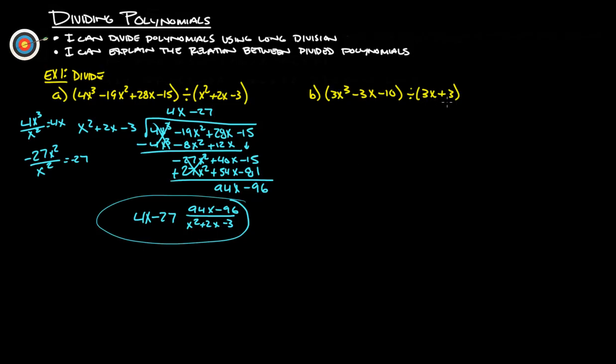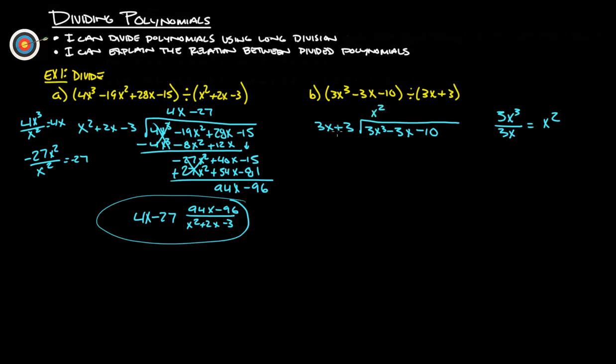Okay, last one here. 3x plus 3 is going to go on the outside here. And then we've got 3x cubed minus 3x minus 10 here on the inside. So remember the first thing, we always take the first thing on the inside here, 3x cubed, divided by the first term out here, 3x, and that gives us x squared. So we've got x squared here.